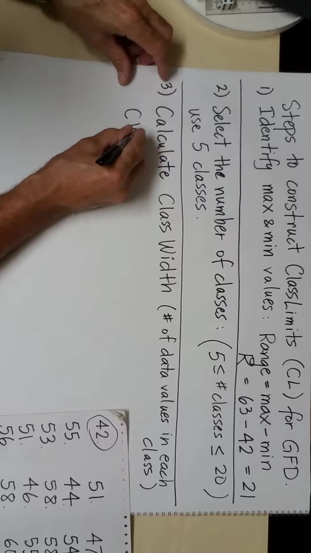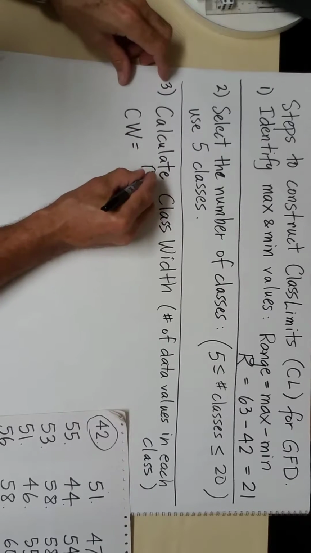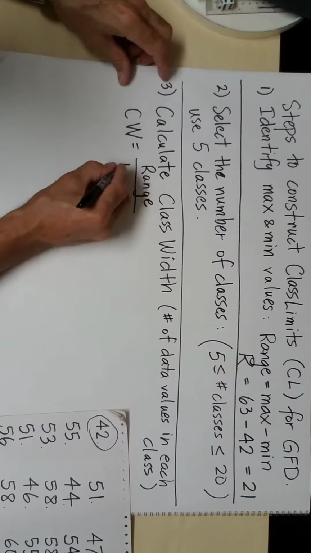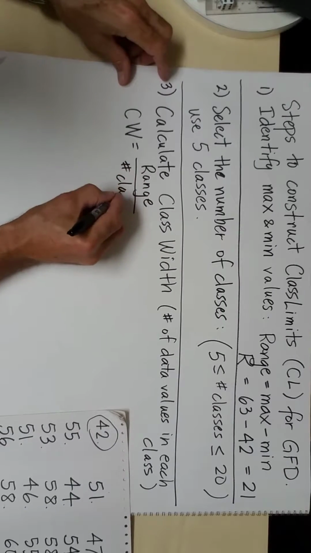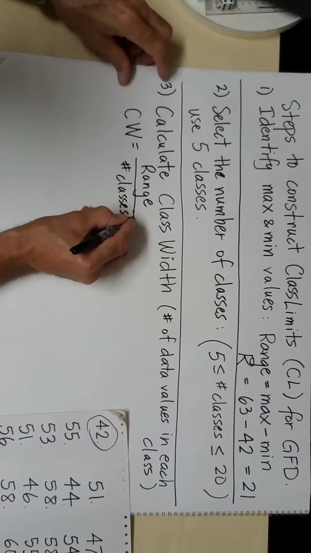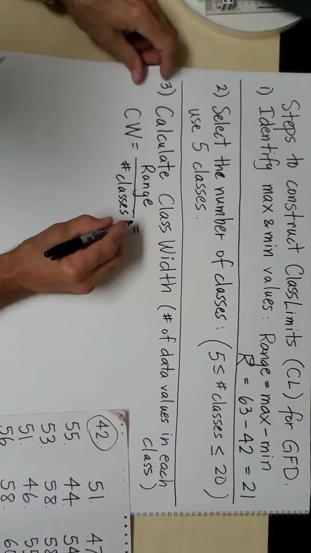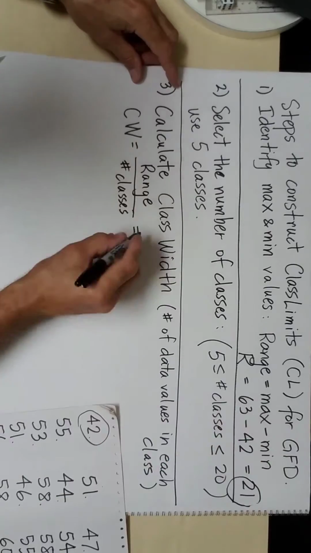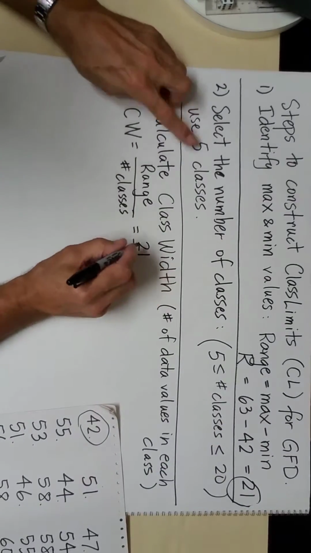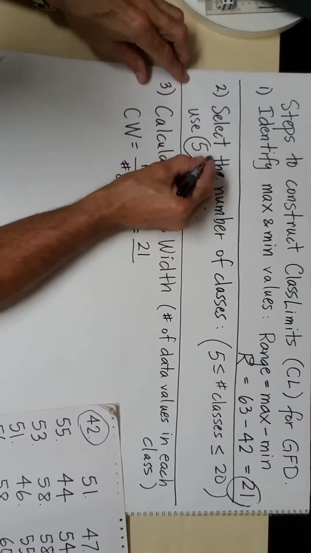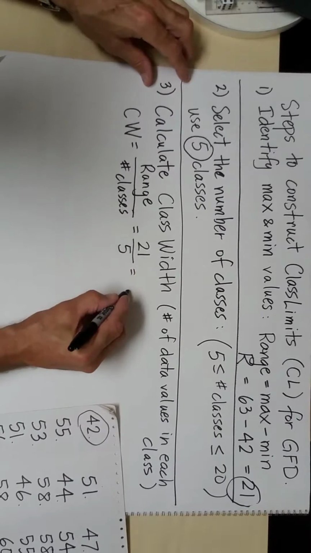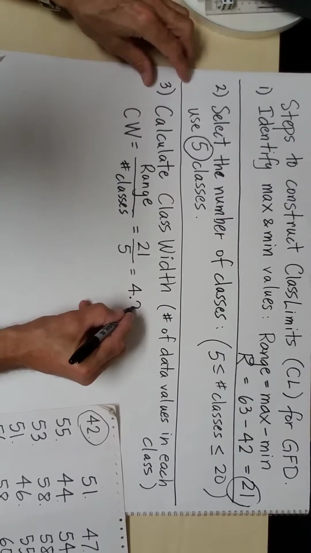So class width equals the range divided by the number of classes. We had a range of 21 and 5 classes. 5 goes into 21 4.2 times.